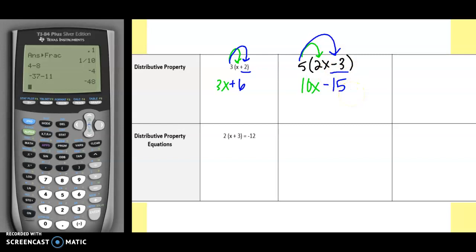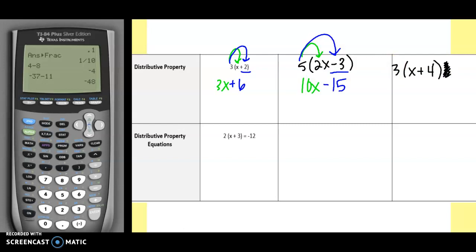Okay, last but not least, we also talked about some ways, sometimes you're going to see it a little less traditional. With a term out there to the left or to the right hand side, you are free, again, like I mentioned before, to take that out and put it where we like it. We can move it to the front because our multiplication property tells us that that's okay.